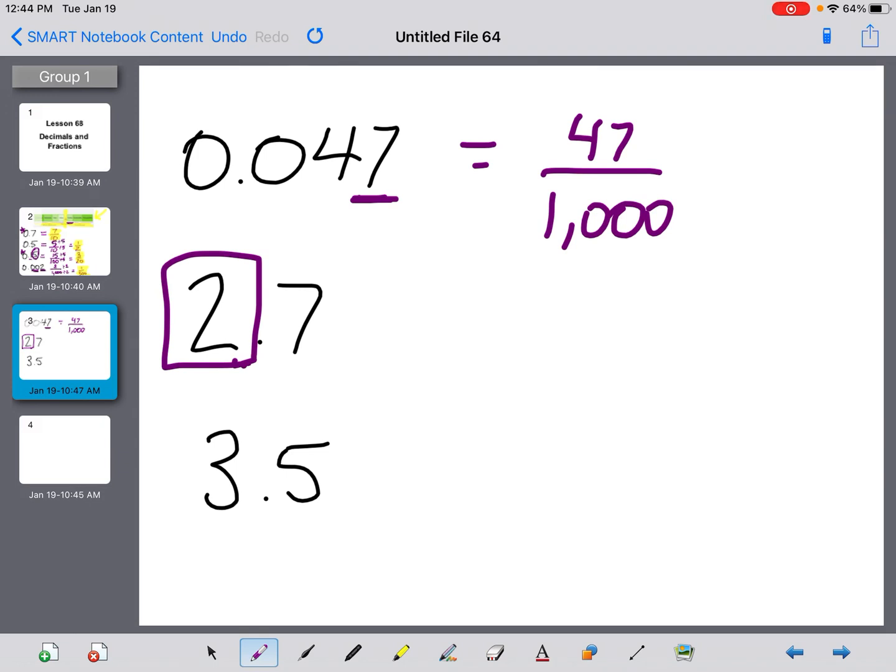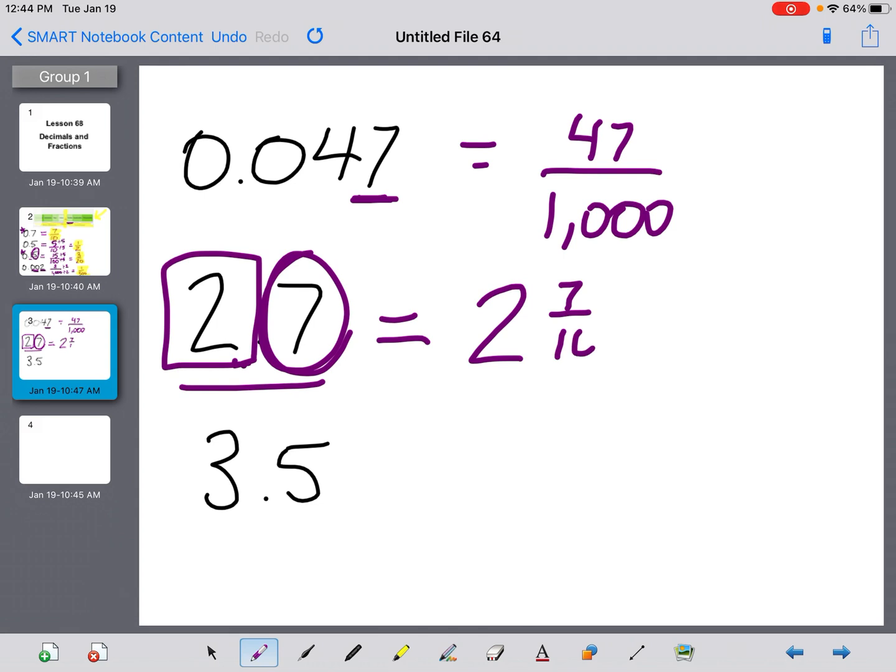So here we have 2.7. The 2 represents a whole number. So all you actually have to do is make this decimal into a mixed number. So you start with your 2 as the whole number, and then you take your 0.7 or your 7/10, and you simply write it as a fraction behind there. Okay, so if you have a whole number in front of the decimal, it just goes in front of your fraction to make a mixed number.